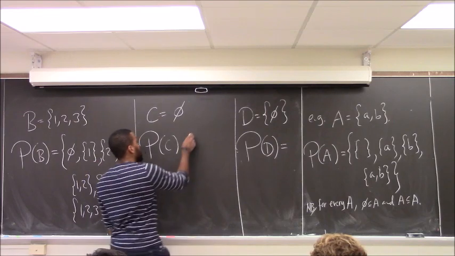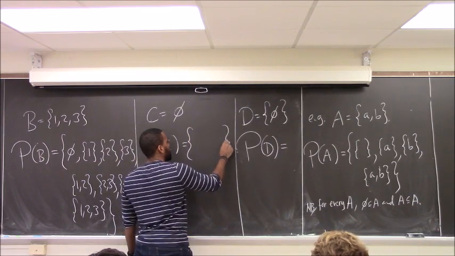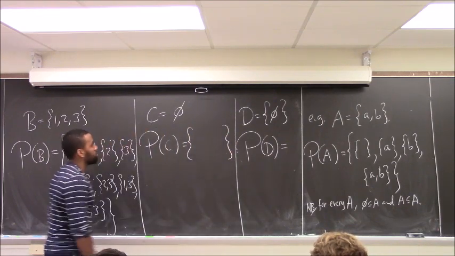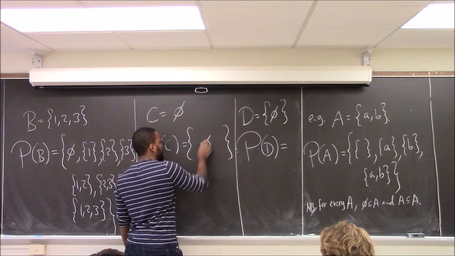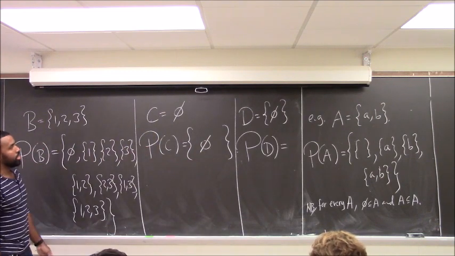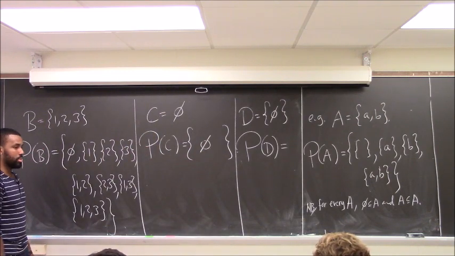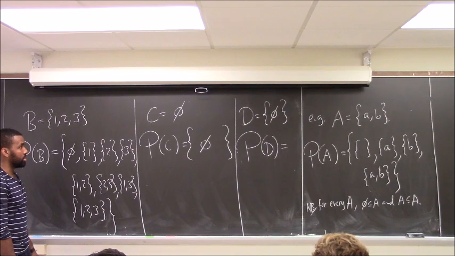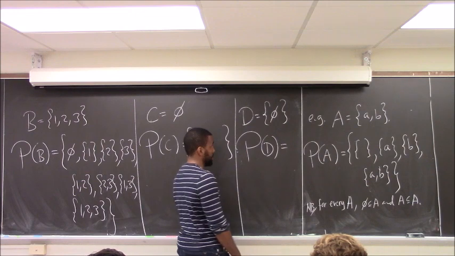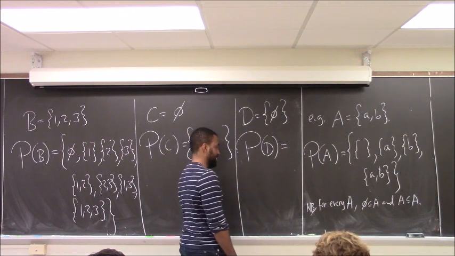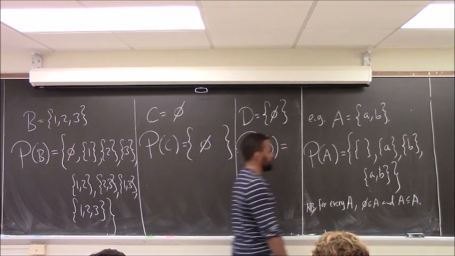What is the power set of the empty set? It's just itself because there's nothing in there. The set containing the empty set is the power set of the empty set. What about the set containing the empty set? What is the power set of that set?